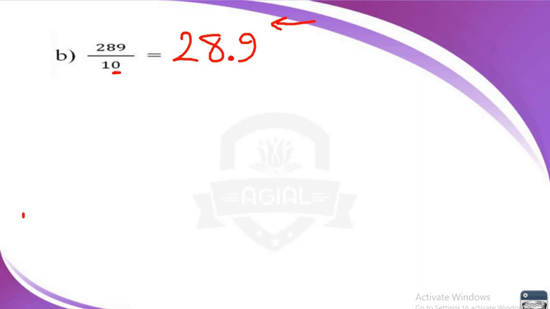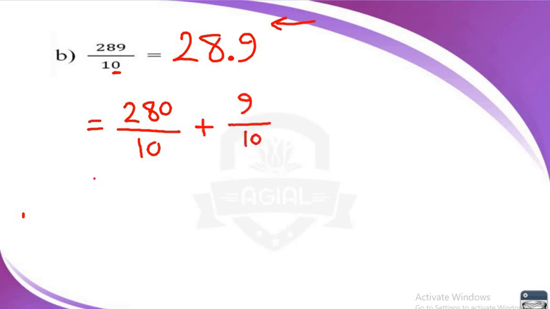Okay, what should I do? I will search for a number divisible by 10 that is less than 289. So the answer will be 280 over 10 plus 9 over 10. 280 over 10 equals 28, because 0 divided by 10 equals 0 and 28 divided by 1 equals 28. Plus 9 over 10.